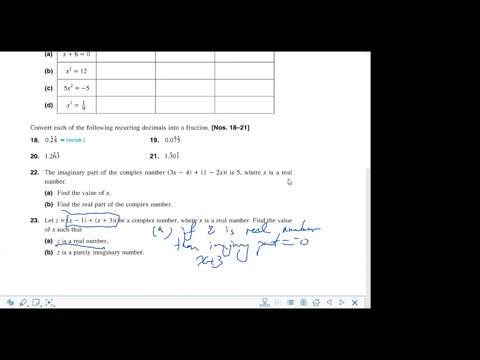Because Z is a real number, so this imaginary part must be equal to 0. And that is how we can set up an equation to find the value of X to be -3. Okay, so that is the answer of part A.